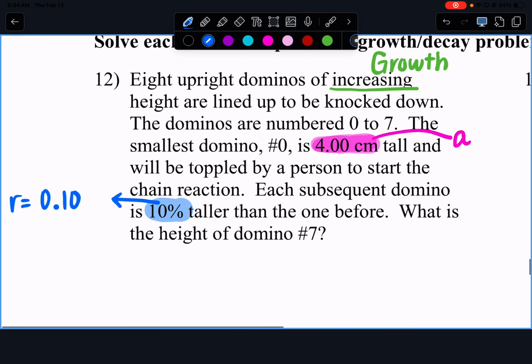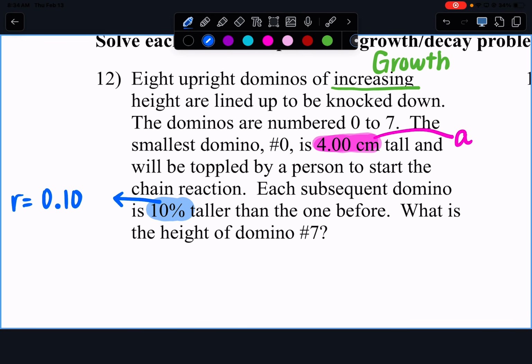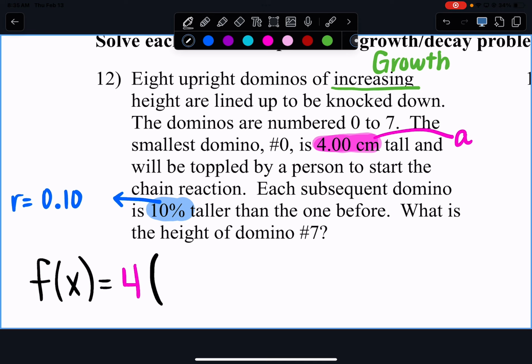So we need to write our function from that. So we do f of x is equal to our initial times, let's have a quick conversation. If we have a rate, we have two options. It can give us our ratio or it can give us a rate.